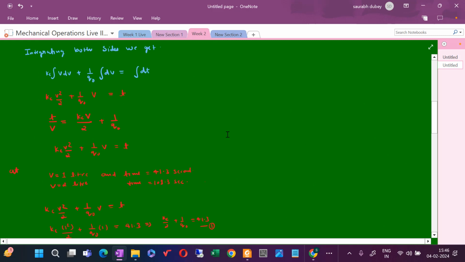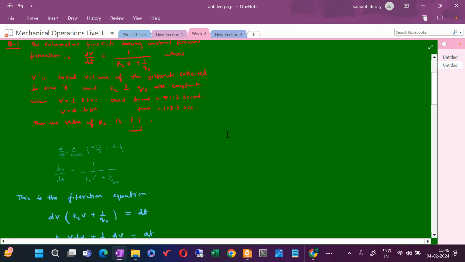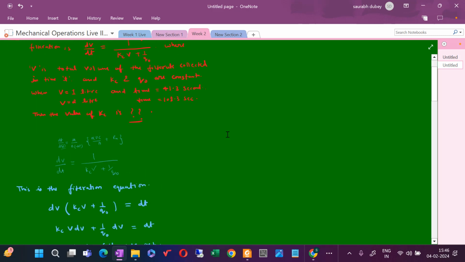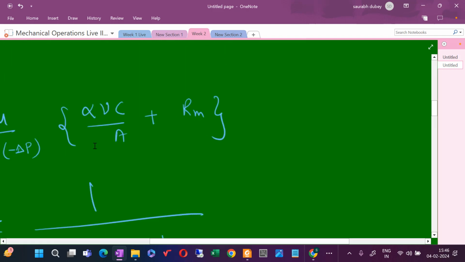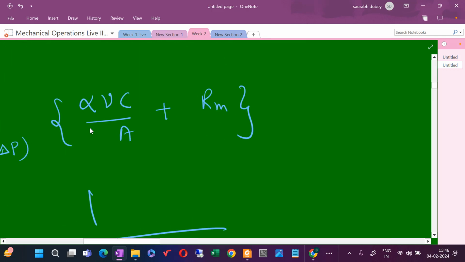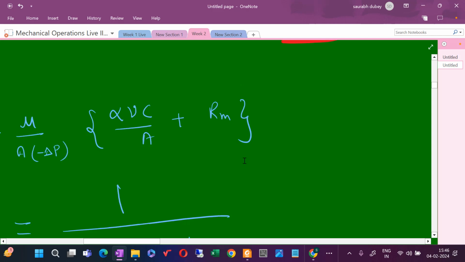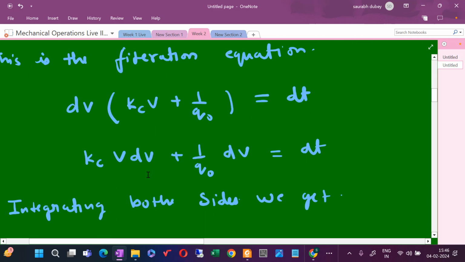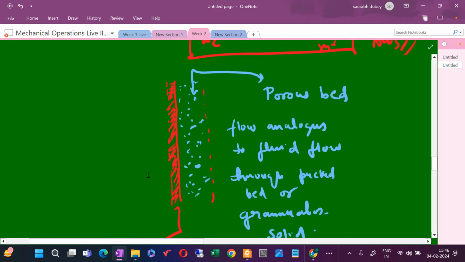When you look at the equation here, in the second term you see this alpha coming up, and this alpha comes up because of the cake. One resistance is because of the filter media Rm, and another one is because of the cake, whatever cake is getting accumulated there.